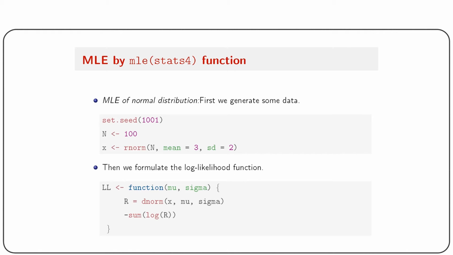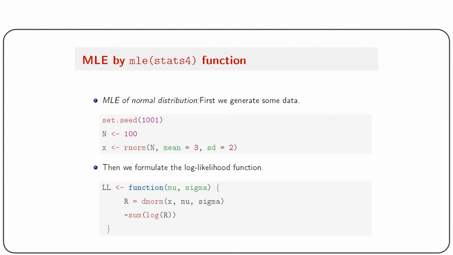So in the second module, we will see how to use the mle function from the stats4 package to get the maximum likelihood estimations. We'll start with a normal distribution. First let's generate the normal variable, say start with seed 1001 and then n equals 100.